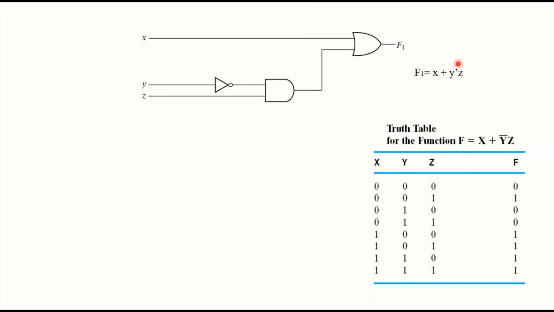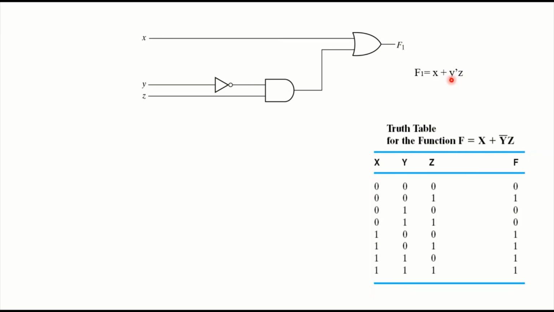This term may be 0 or 1, anyone. But if x is 1, f1 equal to 1. So from the truth table we can see that x is 1 in these cases, so we are getting output as 1 over here.